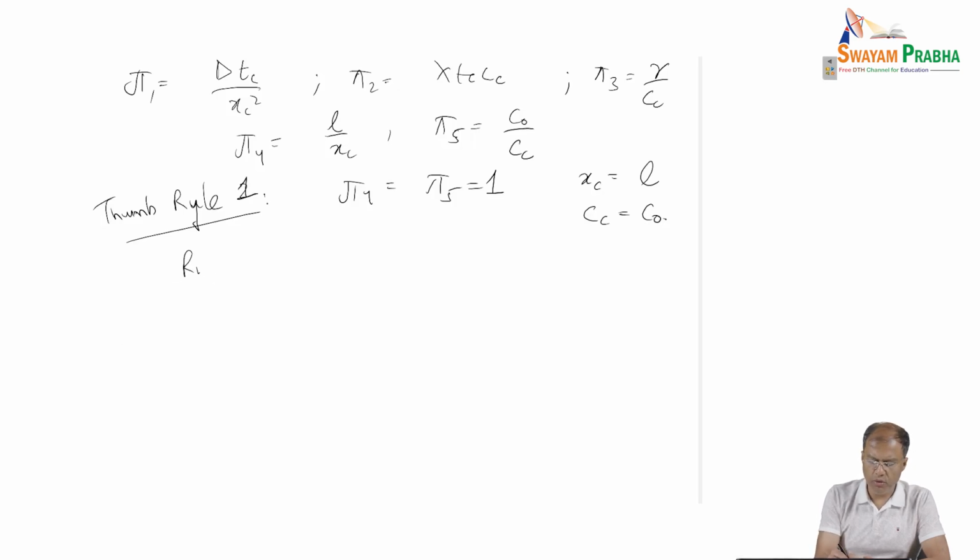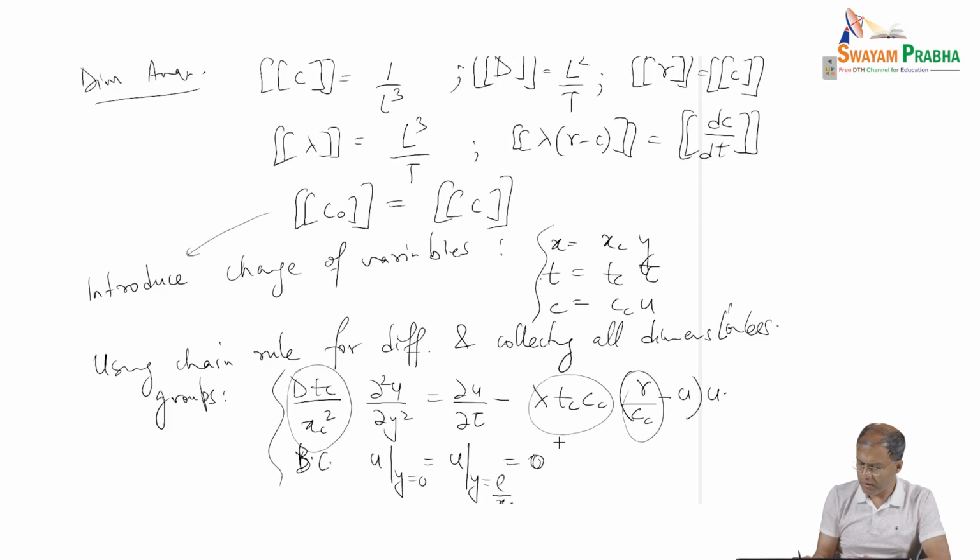So then thumb rule 2 says that in the reduced problem, we are going to set the remaining dimensionless groups to be 1. So we have to see what is my reduced problem. The reduced problem will be when we don't have any nonlinear term.